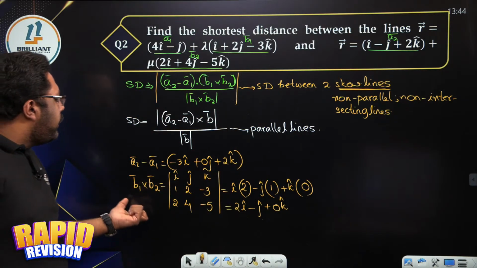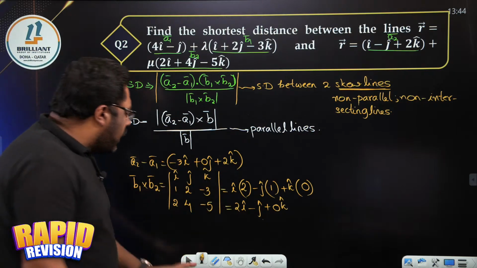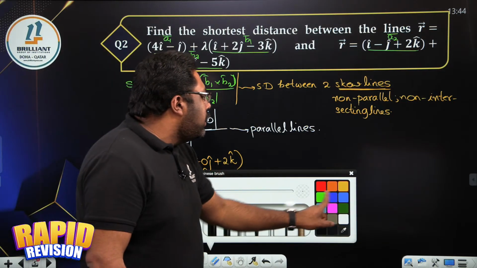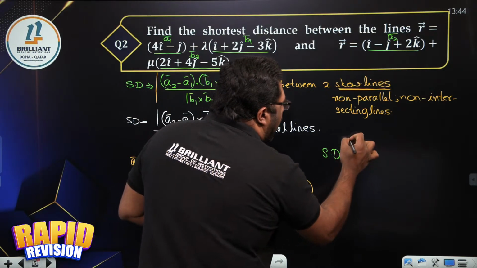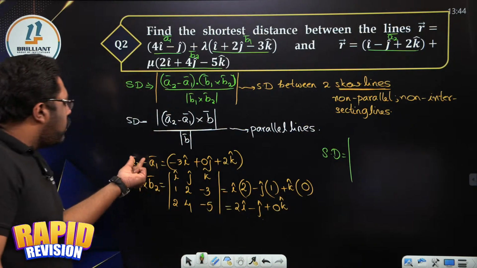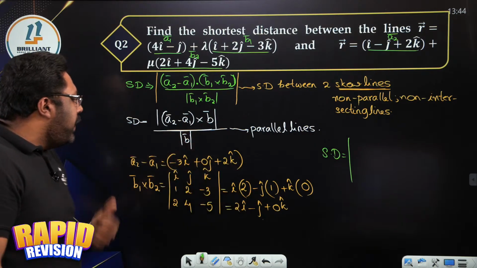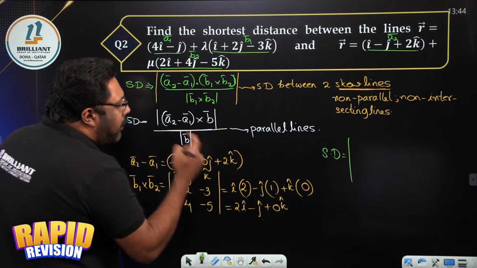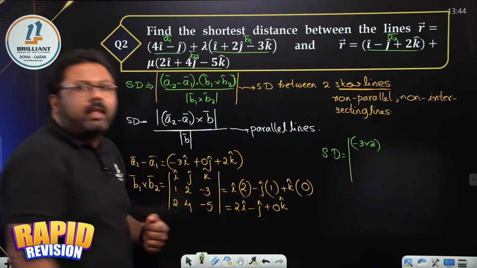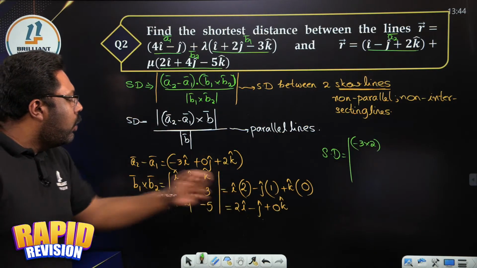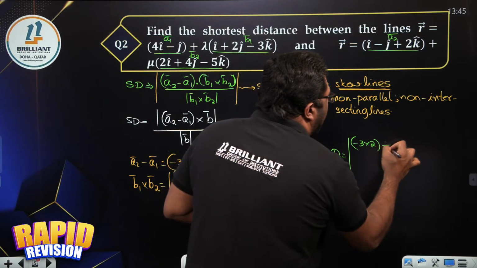I got the cross product, I got A2 minus A1. Now I am going to find the shortest distance for skew lines. I want to find the dot product between A2 minus A1 and B1 cross B2. Minus 3 multiplied with 2. Next one, 0 with minus 1, 0.